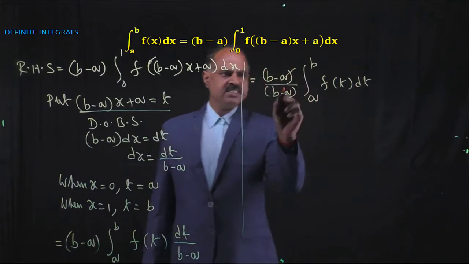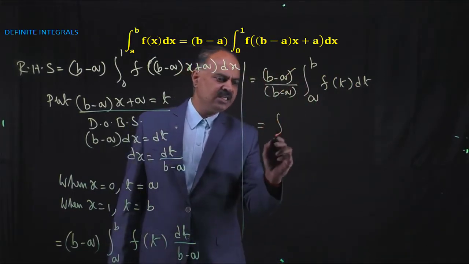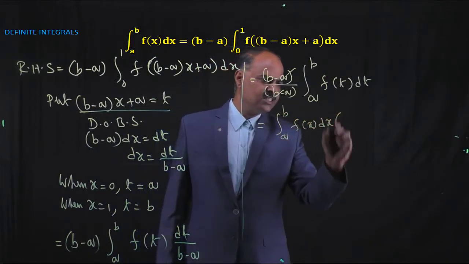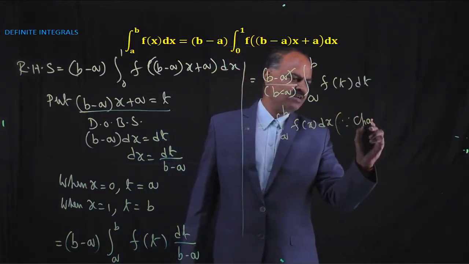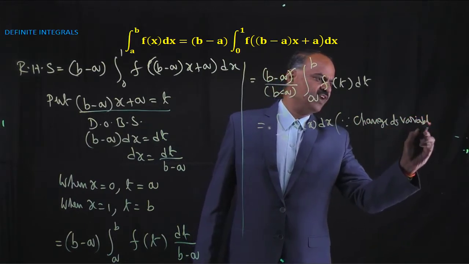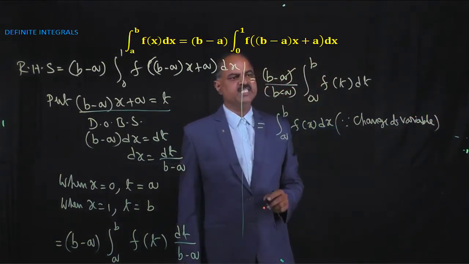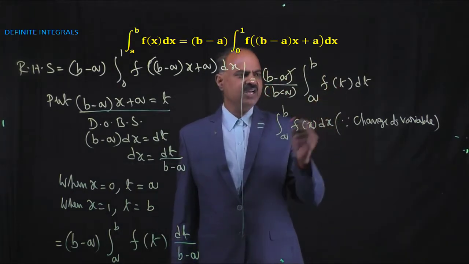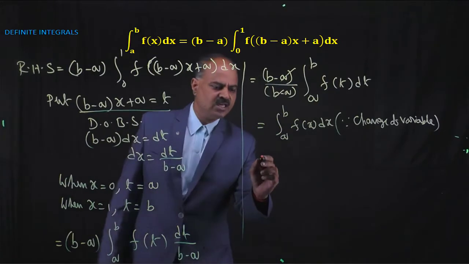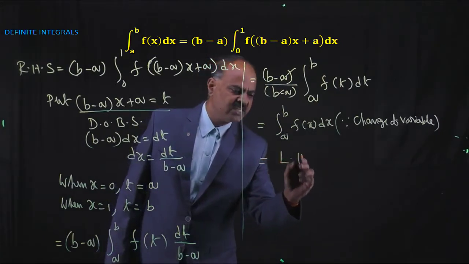Here (b minus a) and this (b minus a) get cancelled. Integral a to b f of x dx, since it is a change of variable, without changing the function and the limits, only changing the variable. So in place of t, write x, so that is equal to integral a to b f of x dx, that is equal to the left hand side, LHS.